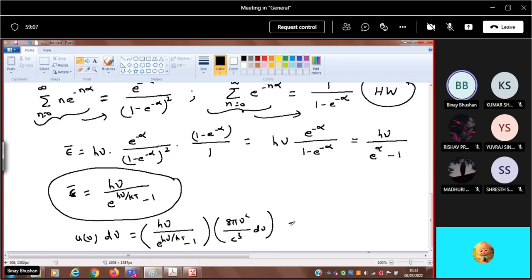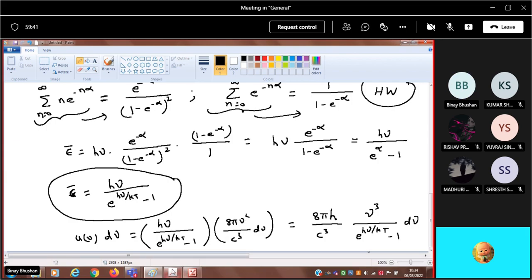So in compact form, I'm writing this as 8 pi h by c cube, nu cube divided by e to the power h nu by kT minus 1, d nu. So this is Planck's radiation formula, right?